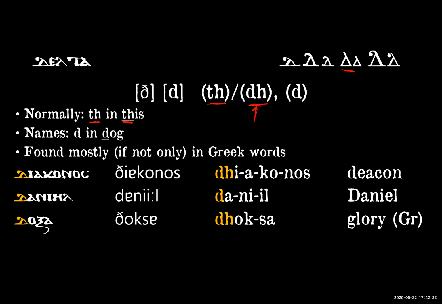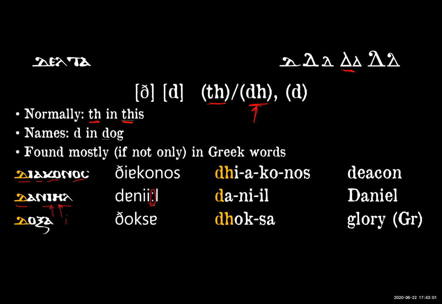So here's some words. Also, it's in Greek words almost only. So the first word here, diakonos, which means deacon. Here, this one's a name, so Daniil. Realize this also makes an E sound, but it's a bit longer than this one.